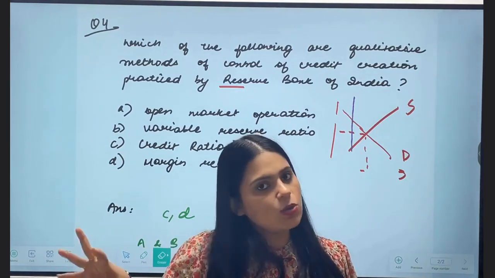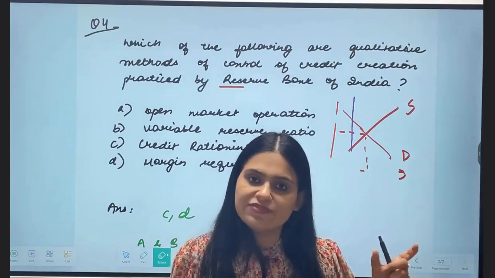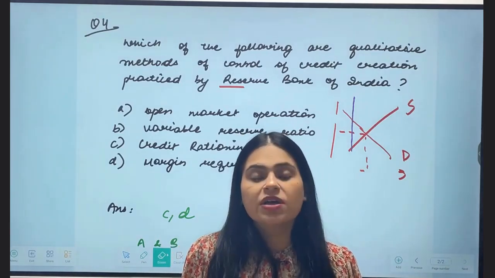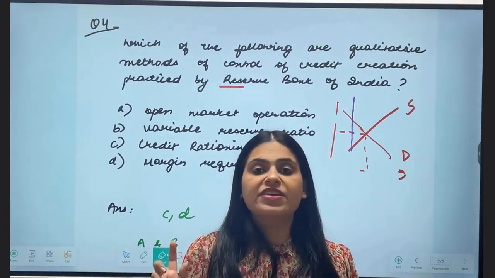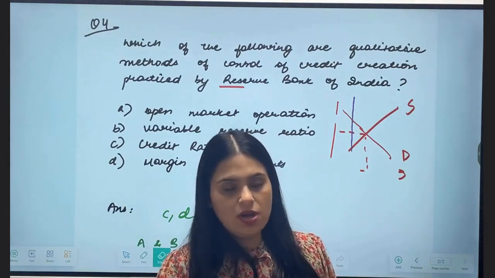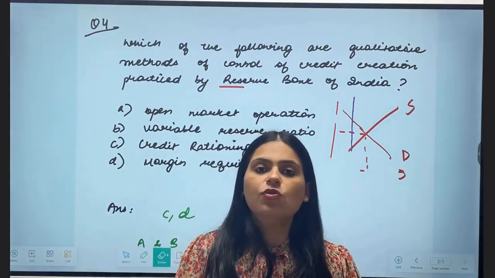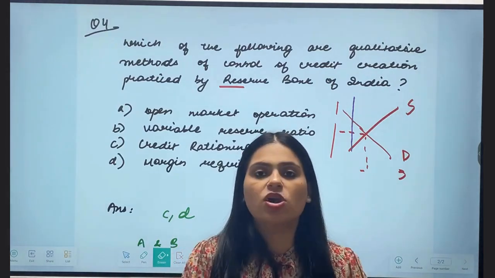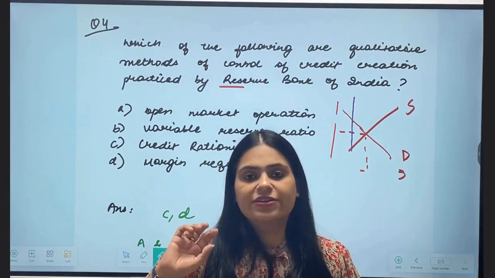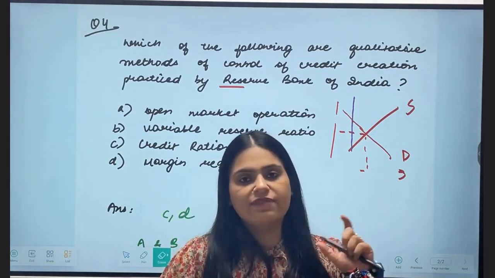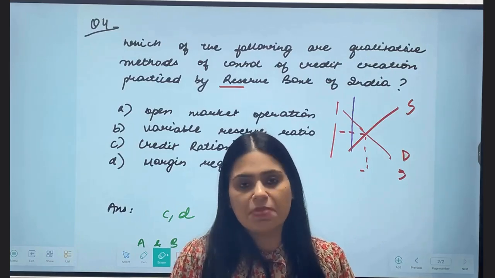This house has some value. I have taken loan worth some money. The difference between the value of the collateral and the value of the loan, that is called as margin. Margin क्या होता है? The difference between value of collateral and value of loan is called as margin.